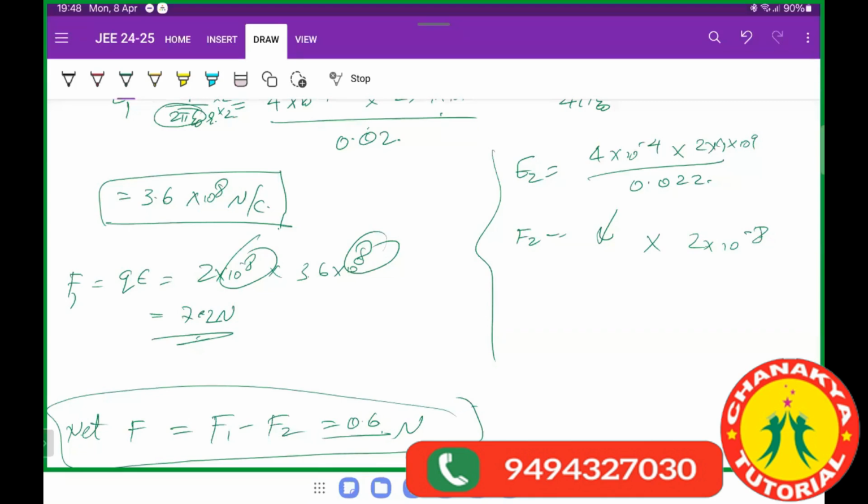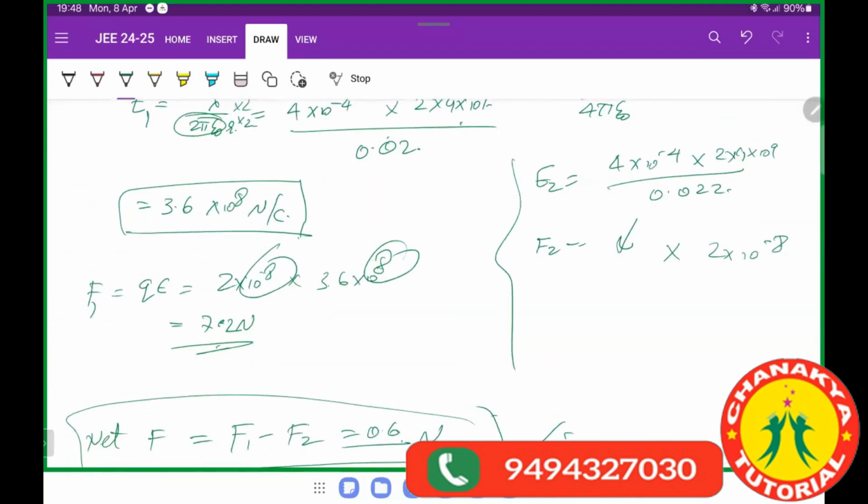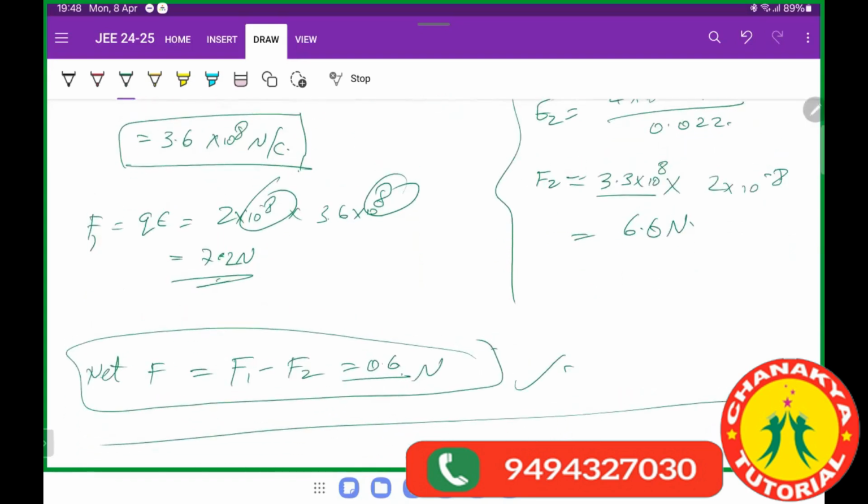Okay, then it's correct. Now this final answer you said, right? And what about E2? Then it should be 3.3, so it's 3.3 into 10 to power 8. Okay, fine.